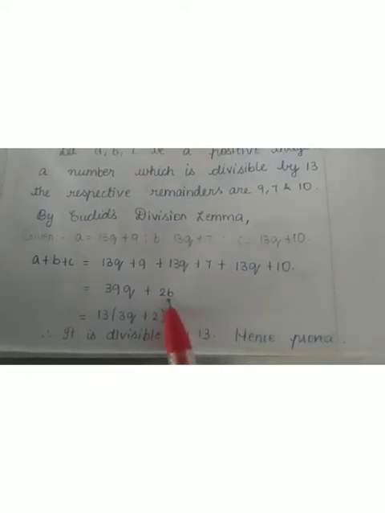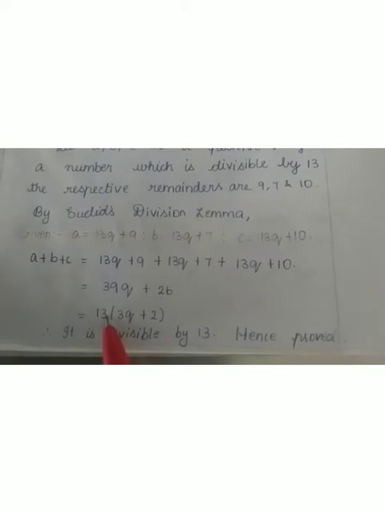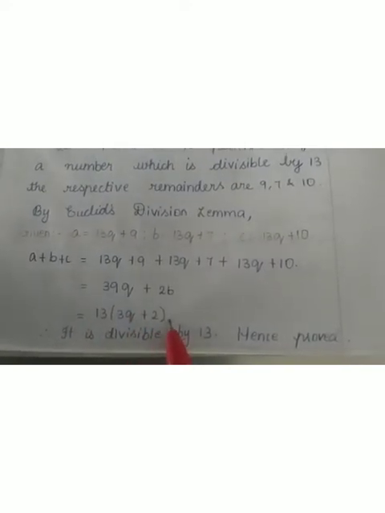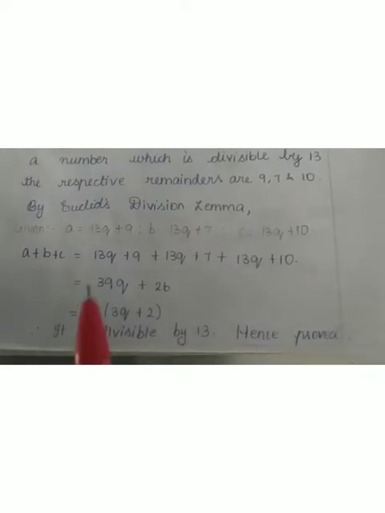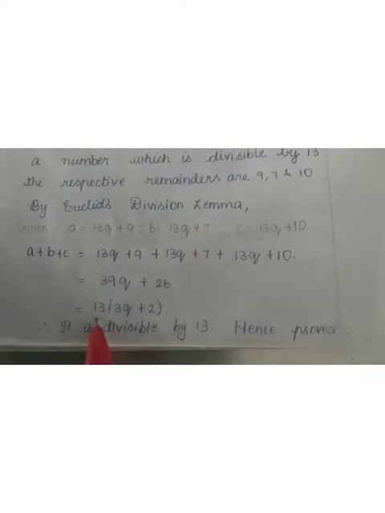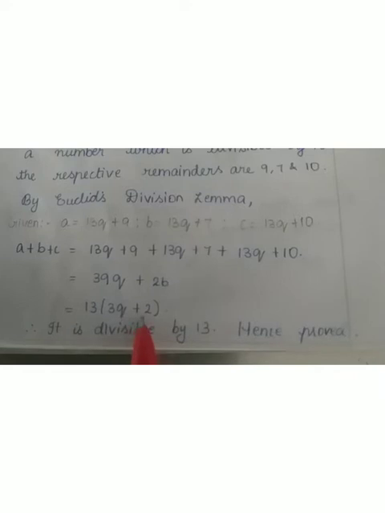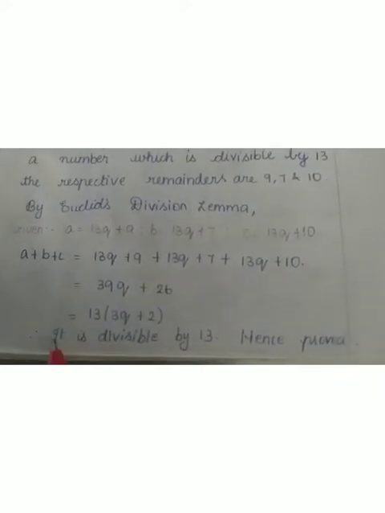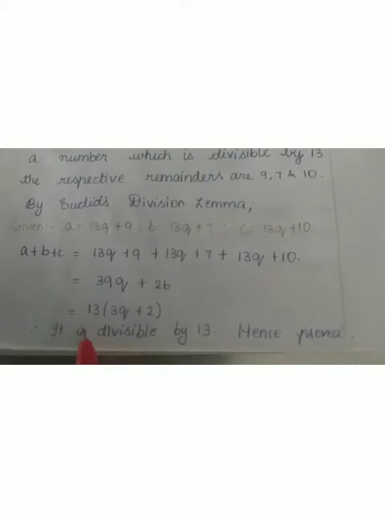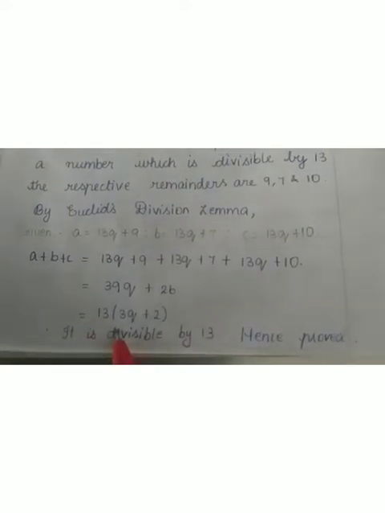So we remove the common terms: 13 here, also 13 here. Removing the 13, we get 13 into 3q plus 2, which is divisible by 13. Hence, the given number is divisible by 13.